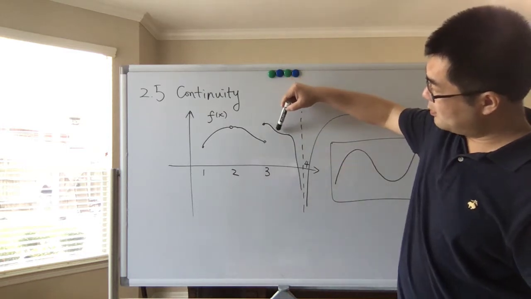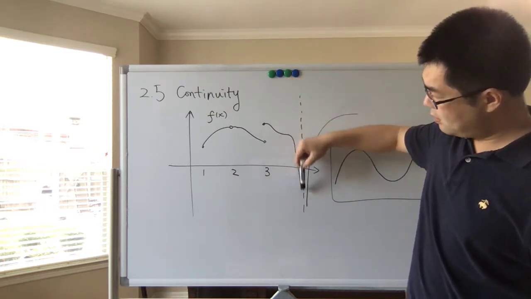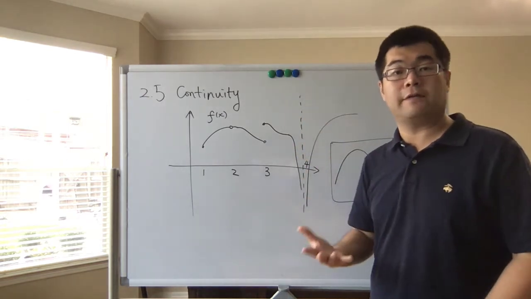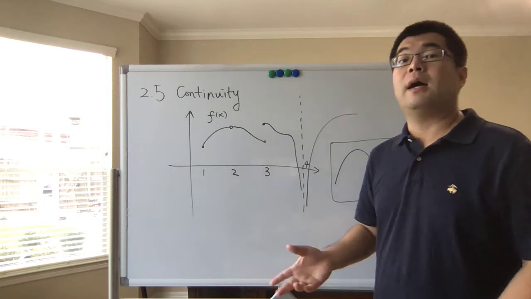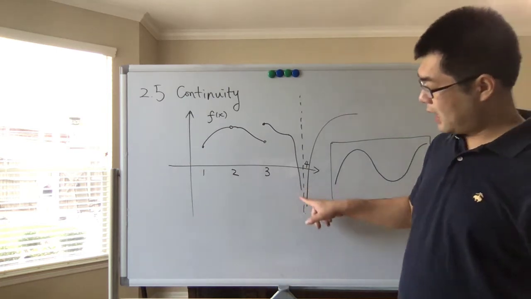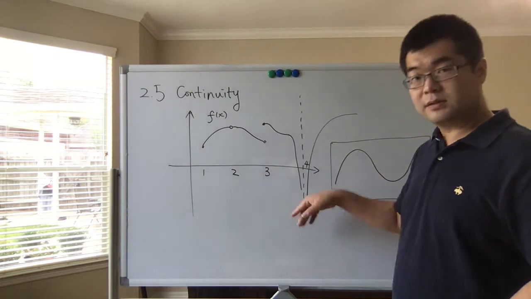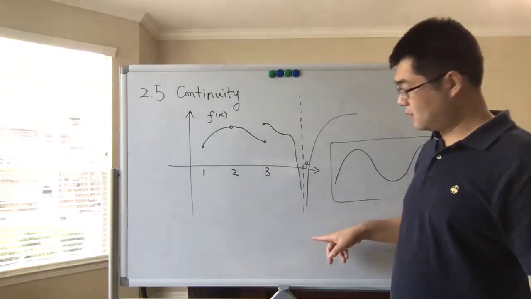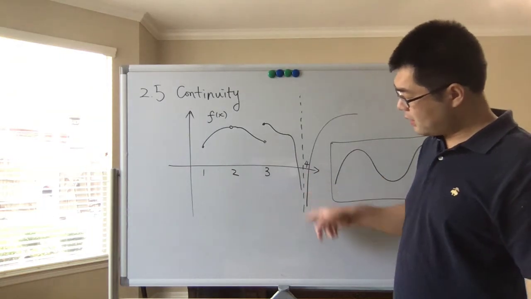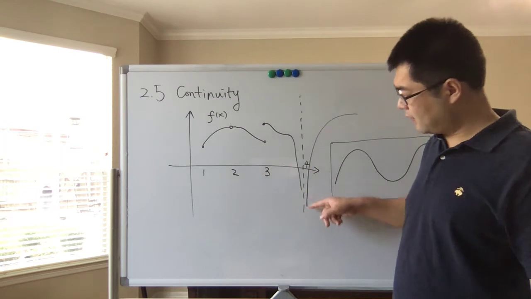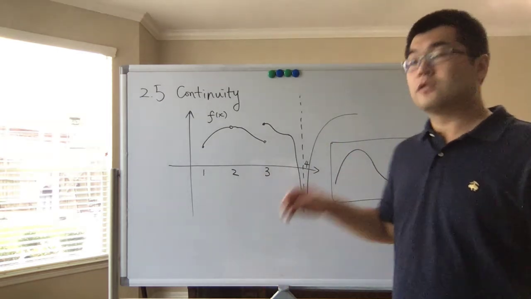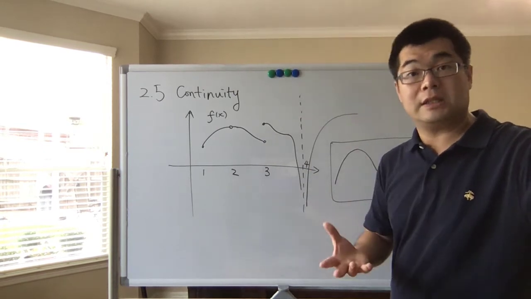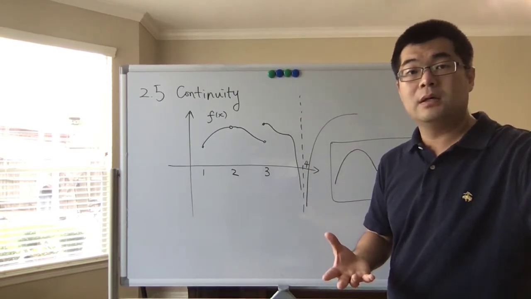On the left side of 4, my function goes to negative infinity, and then starting from the right-hand side of 4, from negative infinity, it continues. So at x equals 4, there is also a discontinuity.